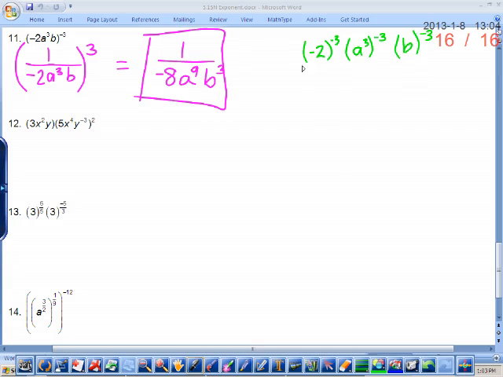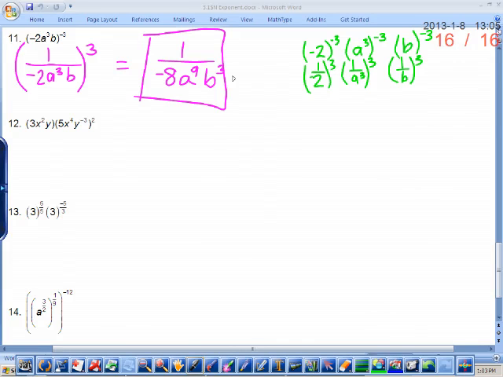So you either would need to flip all of these individually and then distribute this 3. So this would be -1/2 cubed times 1 over a cubed times 1 over b cubed. So it's the same thing, just kind of split up with parentheses. You're going to end up with the same thing, -1/8 times 1/a to the 9th times 1 over b cubed, and then multiply them all together.